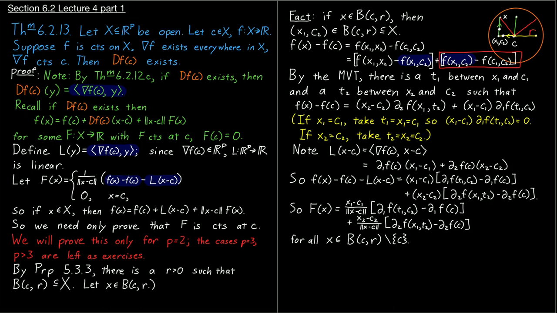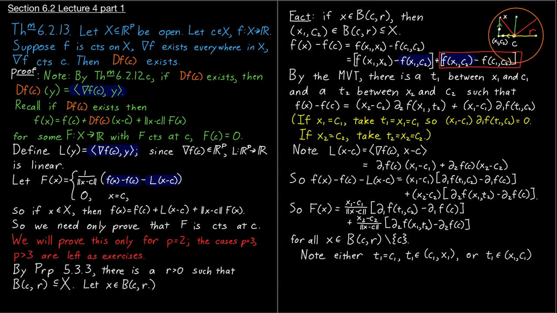The reason I wanted to emphasize that is that note that either t1 is equal to c1, or t1 is coming from the mean value theorem, so it's between c1 and x1, or it's between x1 and c1 in the other direction.